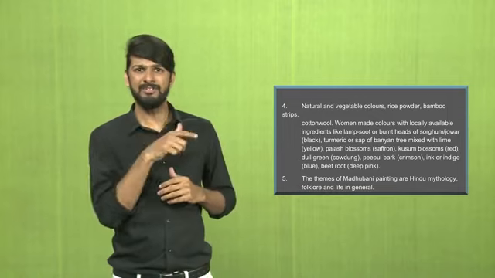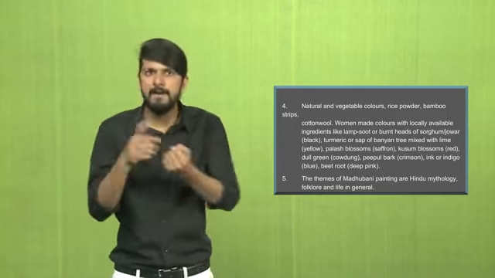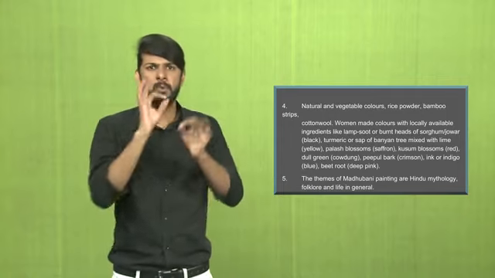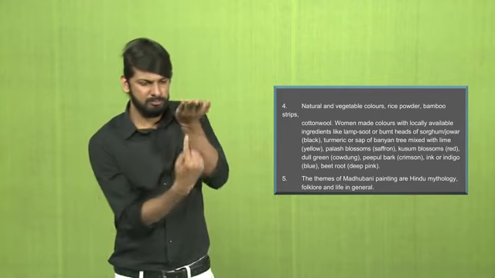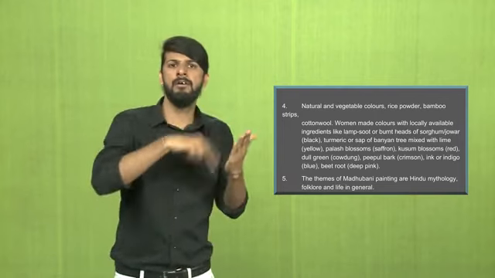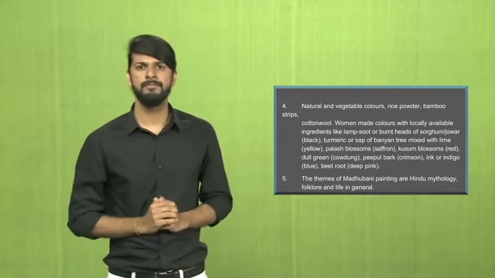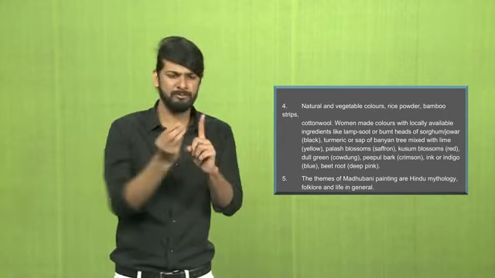Women make colors with locally available ingredients. Example, lamp soot, or the burnt heads of sorghum or jowar.